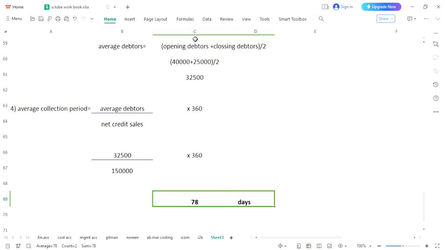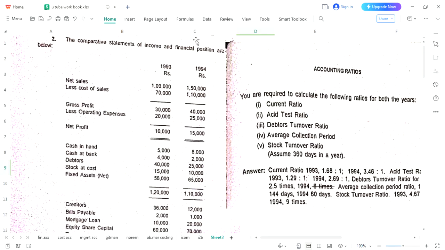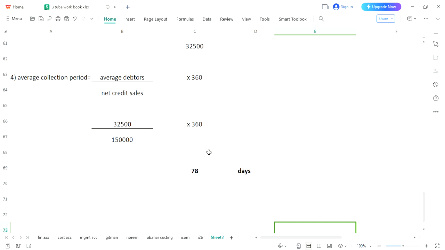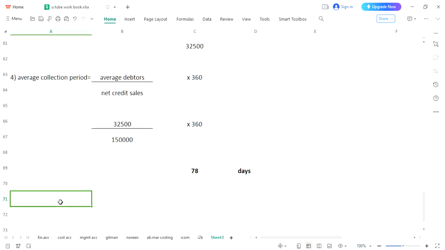The accurate answer is 78 days, while over here it is 60 days, and this would also be the wrong answer. I am cutting it. So you will write 78 days. This is your correct answer. So the fourth answer has been completed.